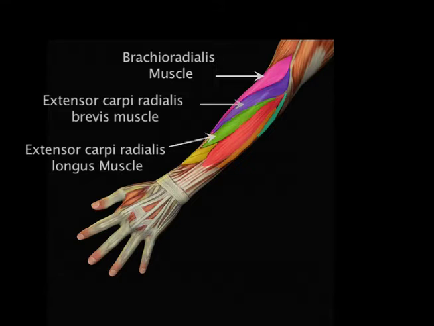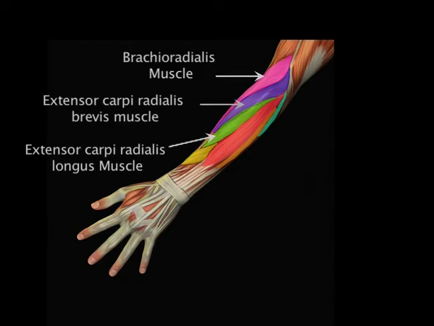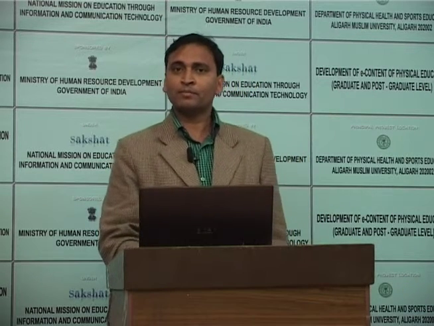They are mainly 3 muscles: brachioradialis, extensor carpi radialis longus, and extensor carpi radialis brevis. In short form, we term these muscles ECRL and ECRB.